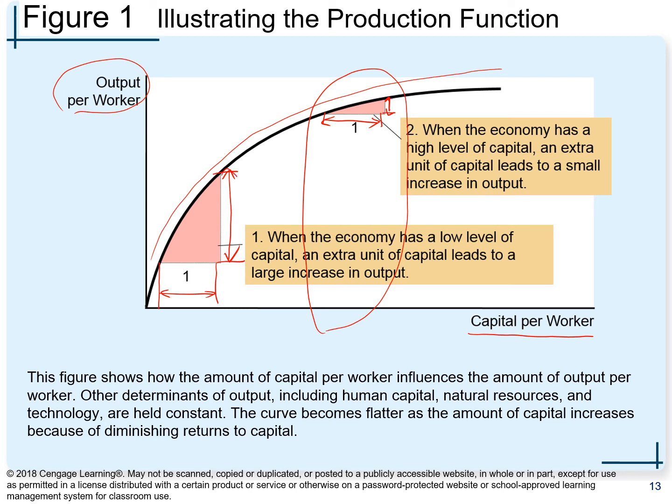It was this much, and now it is this much at a higher level of productivity. So it goes up, but at a decreasing rate. It increases only that much. That is called diminishing returns.